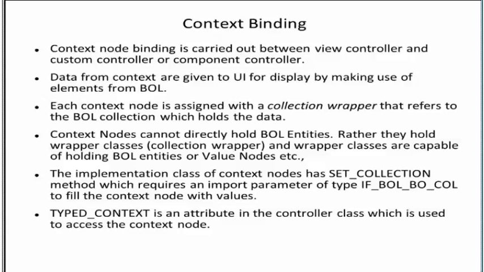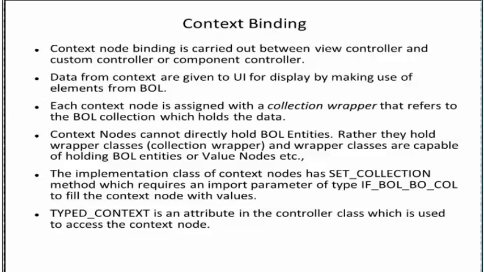So the business objects which we have seen in the model store the data in the attribute structure which is present with the business object, and they are called BOL entities in the BOL. Each context node needs to store the BOL entity which is responsible for having data in it. To store that, every context node will have a variable called COLLECTION_WRAPPER.